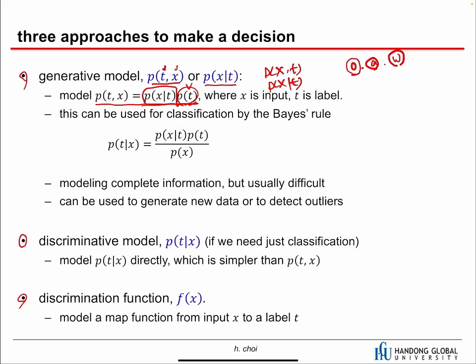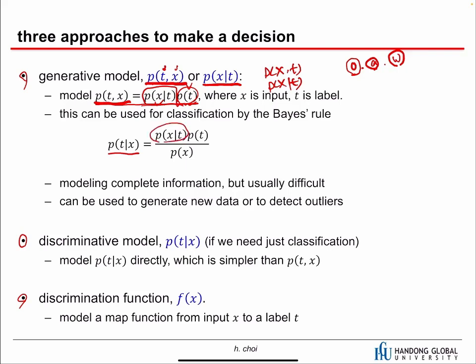As long as we know this probability, the joint probability can be calculated. So that's why we're interested in this one or this one. And when we have this joint probability or likelihood probability, then we can get this probability based on the Bayes rule.